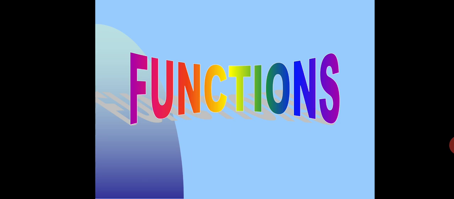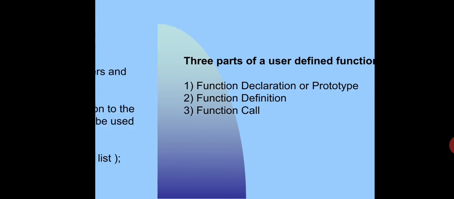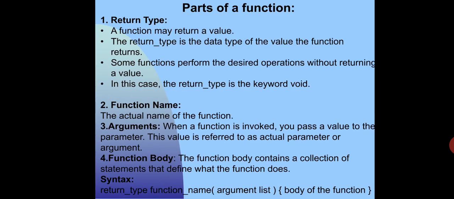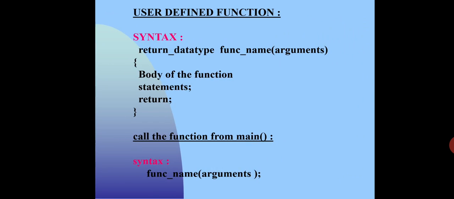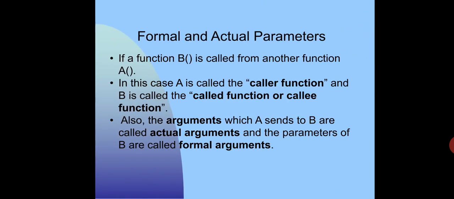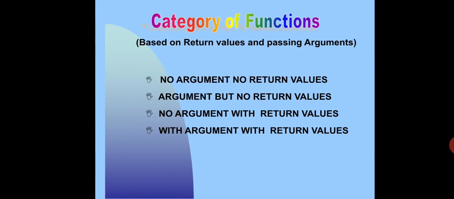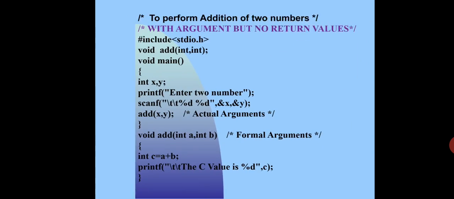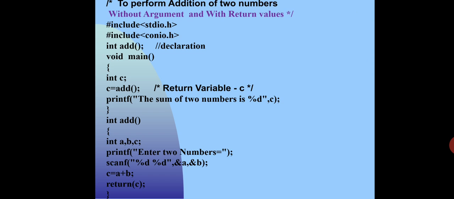So what do you mean by int add of? We can see that the function is returning an integer value. So there will be no argument, because it is without argument but with return values. So there will be no arguments.